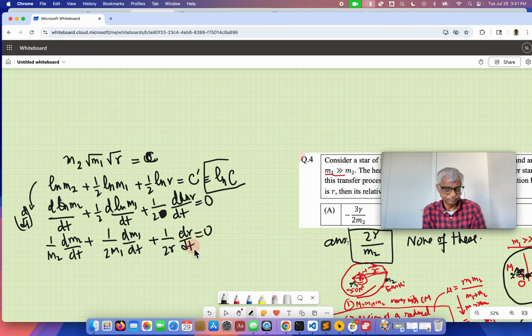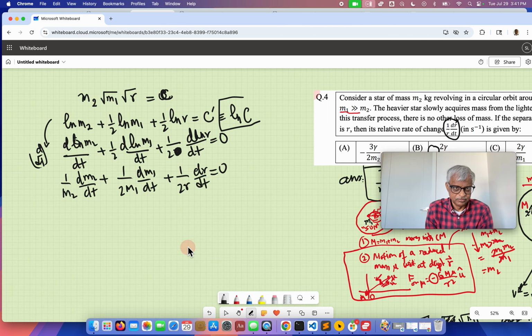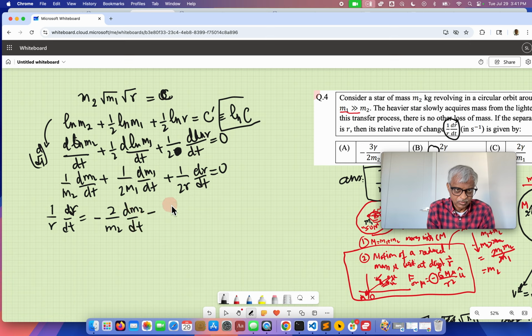That's 0. So separate this out: 1 over r dr/dt equals 2 times those guys, and on the other side it becomes minus 2 over m2 dm2/dt minus 1 over m1 dm1/dt.